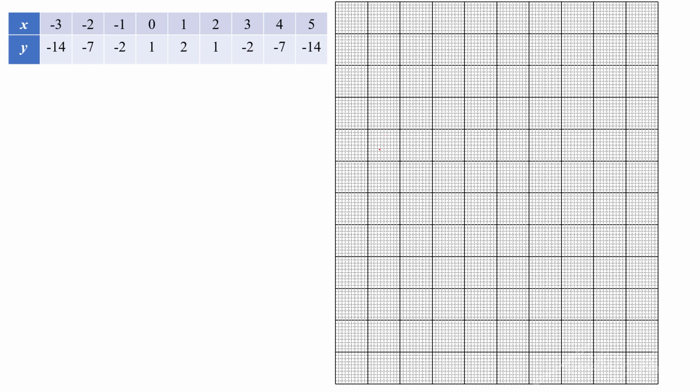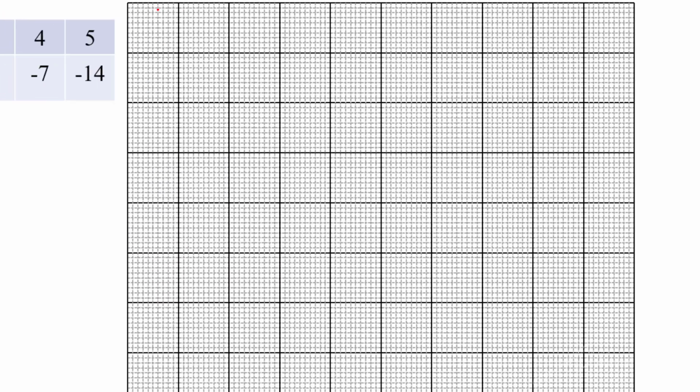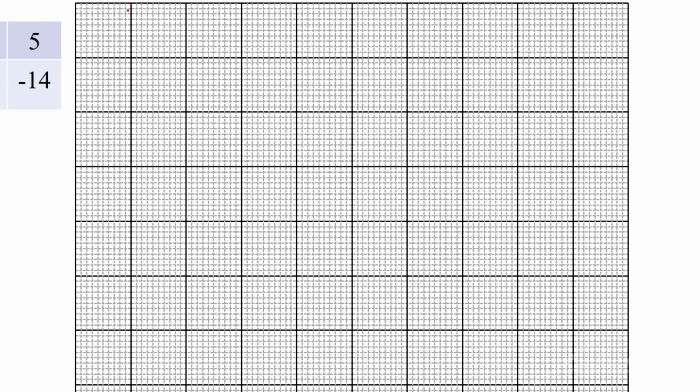Very straightforward. So we can count. Okay, here is -3, -2, -1, 0, 1, 2, 3, 4, 5. So just nice. So 3, 2, 1, 0. So your y-axis should be down here.